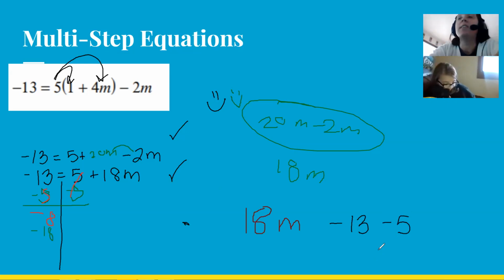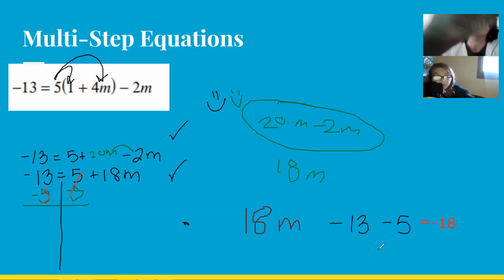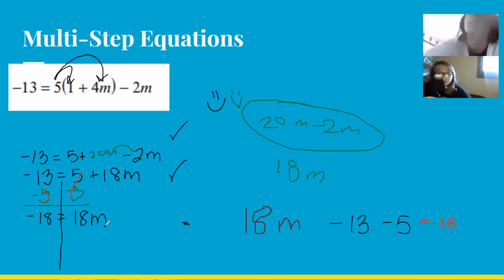Cece, you're going to have no blankets by the time I'm done. So we have -18. Very good. That is what's left on that side. The 5s cancel, and then we bring down that 18m that's left.